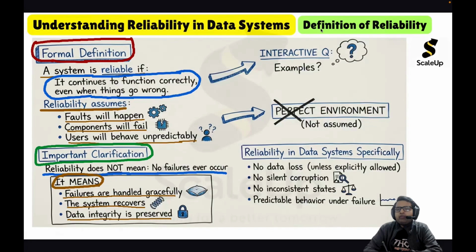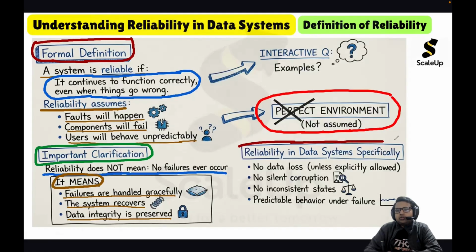Here is one very important learning: we should not expect a perfect environment. We should not even assume a perfect environment. And if we talk about reliability in data systems, this is very important because in this course we are talking about data systems, data intensive applications.